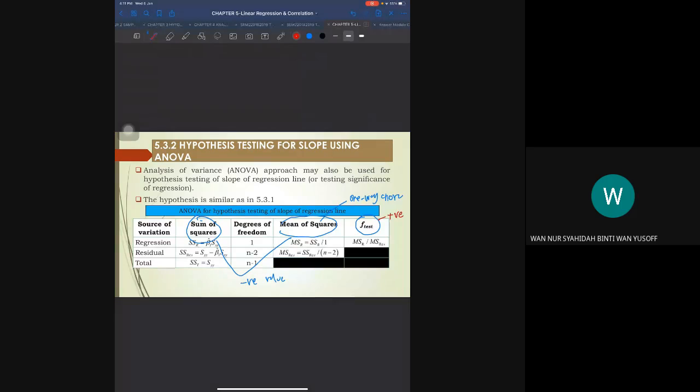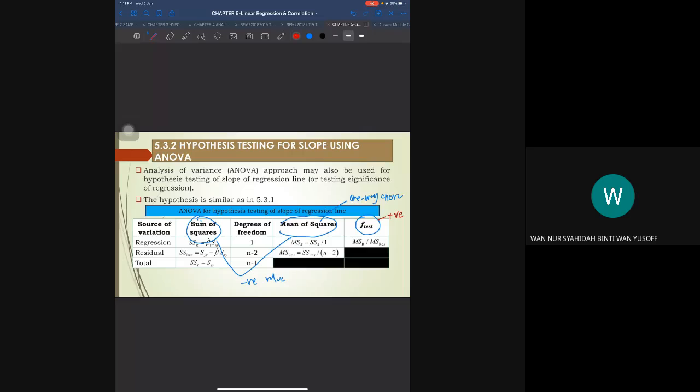Why do you think that sum square and mean square can be negative value? Anyone? Any idea?